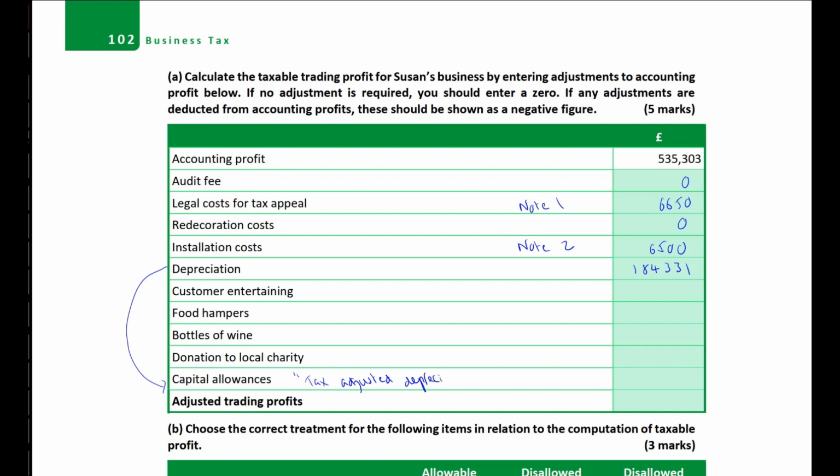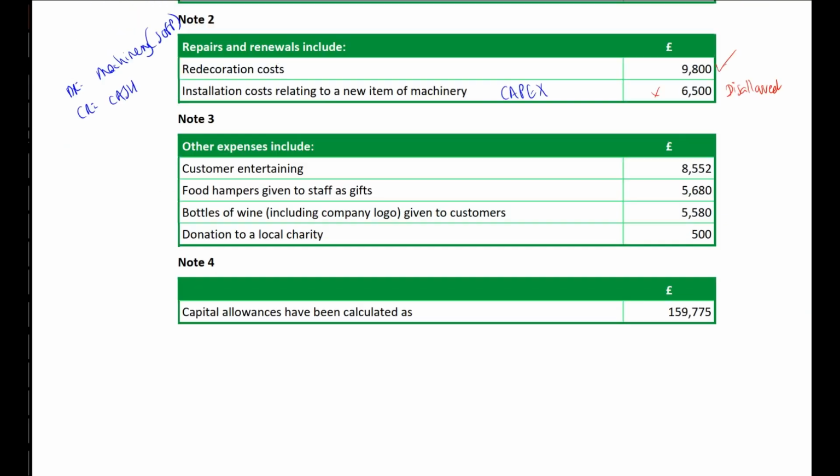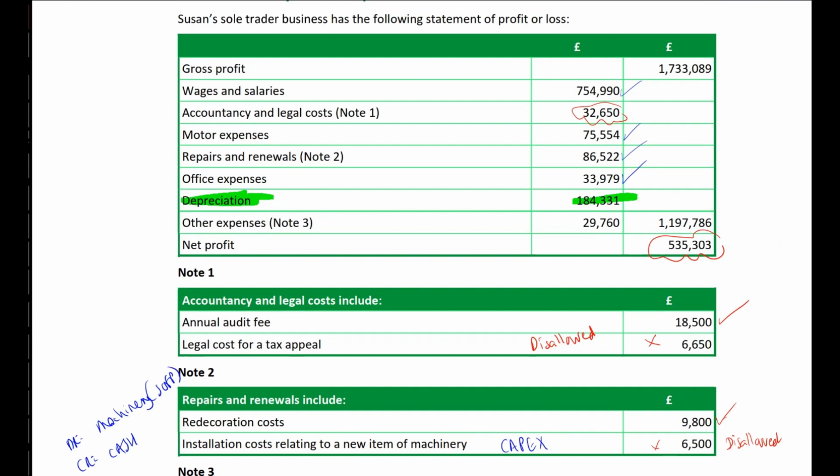This is just like the tax office version of depreciation. We call it capital allowances, so we'll get to that a little bit later. But we do add back depreciation, but we then allow a deduction for capital allowances when we get to them. So we've done that one.